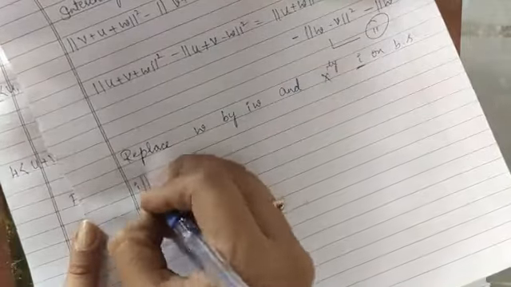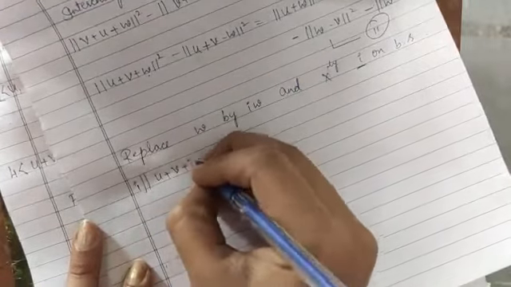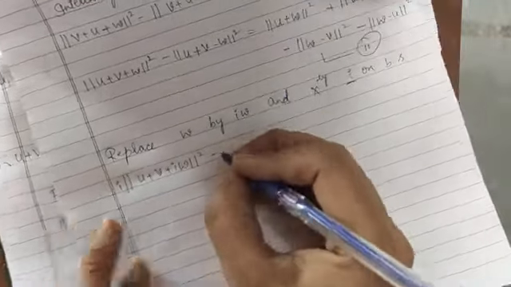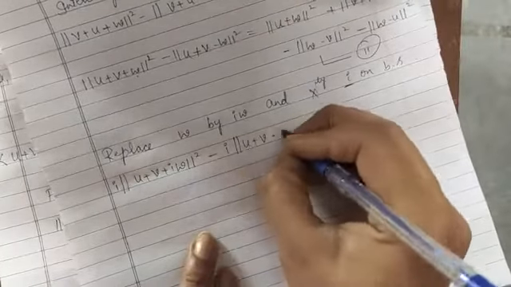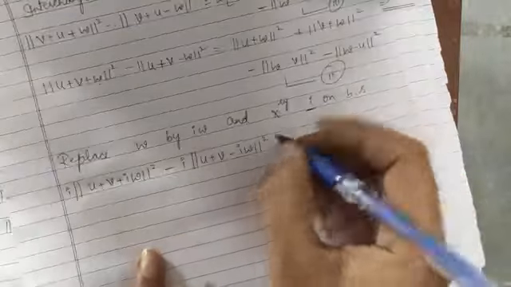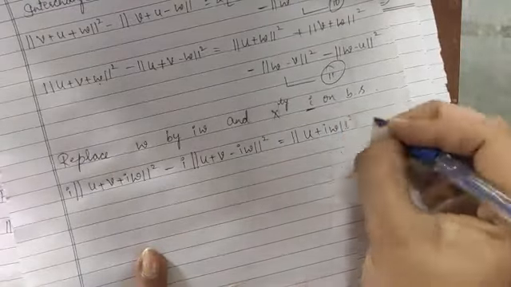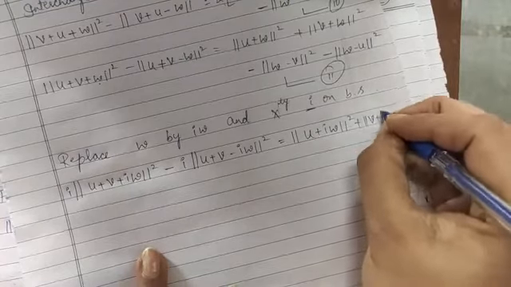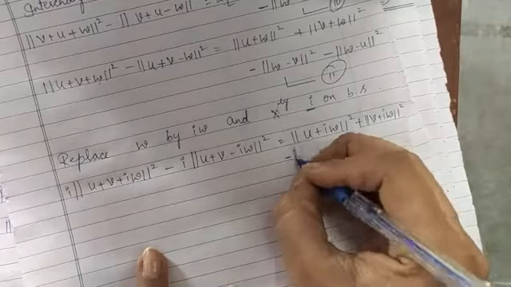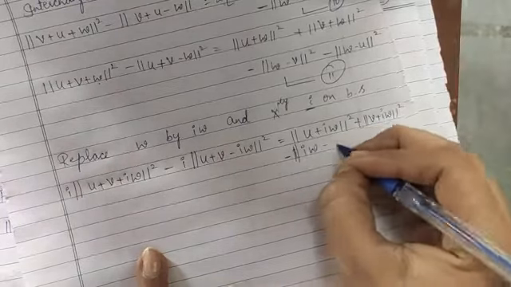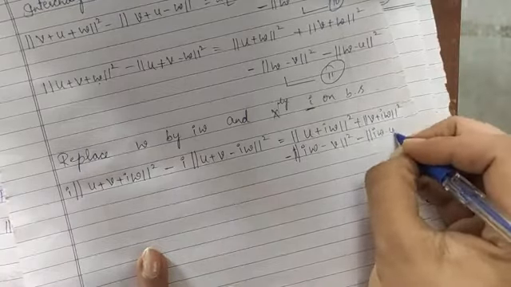So i into norm u plus v, here I have w, I will replace it by iw whole square minus i into norm u plus v minus iw whole square is equal to norm u plus iw whole square plus norm v plus iw whole square minus norm iw minus v whole square minus norm iw minus u whole square.